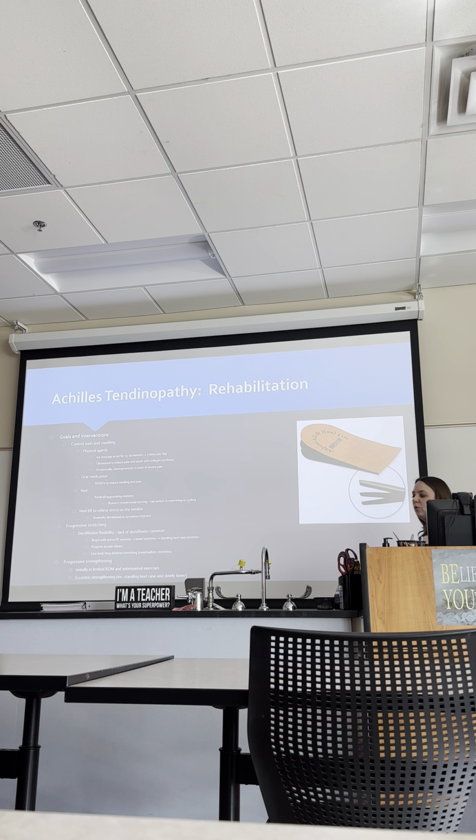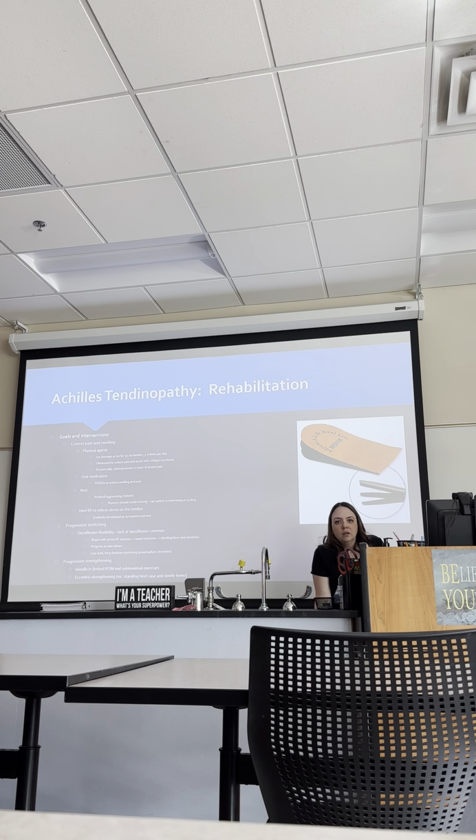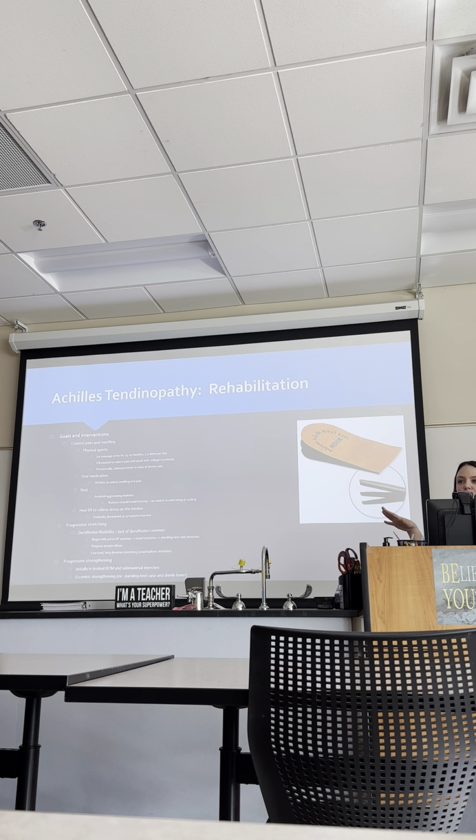So we talked about what problems they have. They usually have tight plantar flexors, so you need to do what? Stretch them and work on dorsiflexion range of motion. And then you can progress strengthening, but we're still in initial phases, so do you want to be aggressive? Submax.